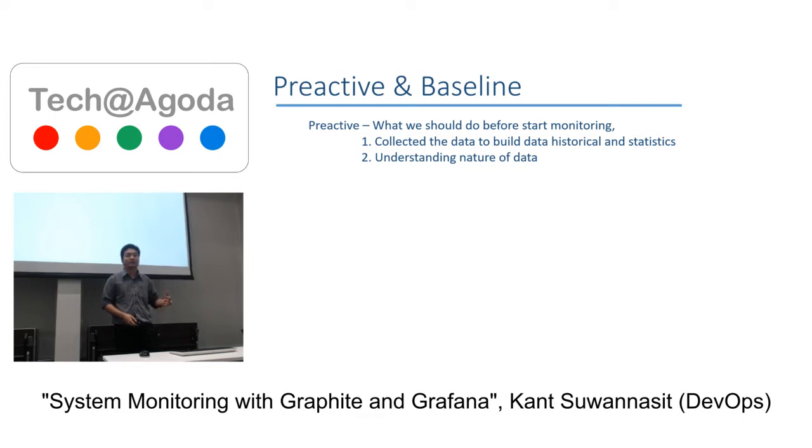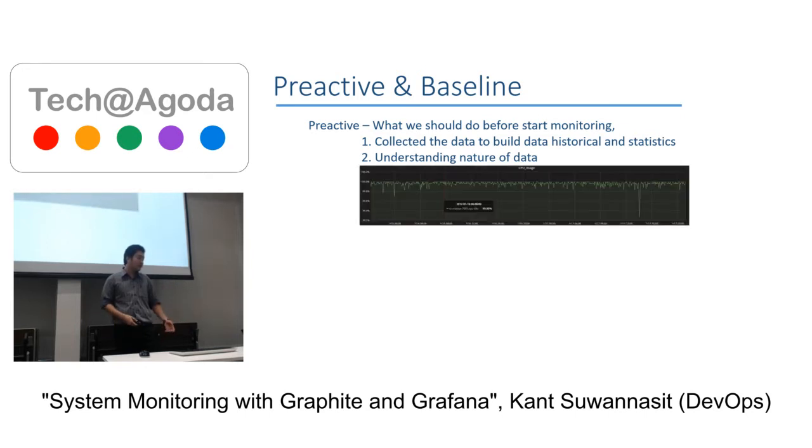We cannot say that 90% CPU is bad, because sometimes a system runs at 90% for almost a year. So we have to build the history and the statistics. After that, we can understand the nature of the data. If it goes to 95%, okay, something is going wrong. Like this, if it is at almost 100% all the time, it means nothing.